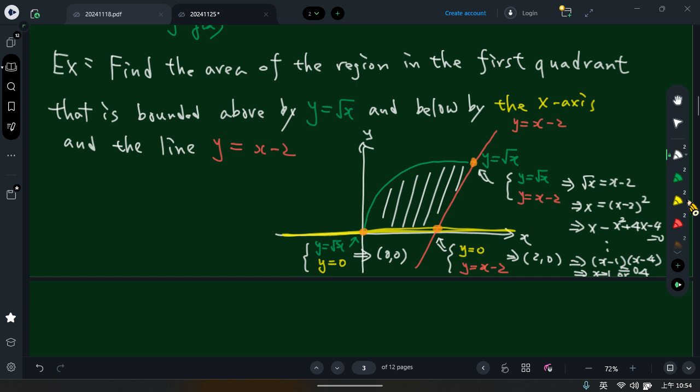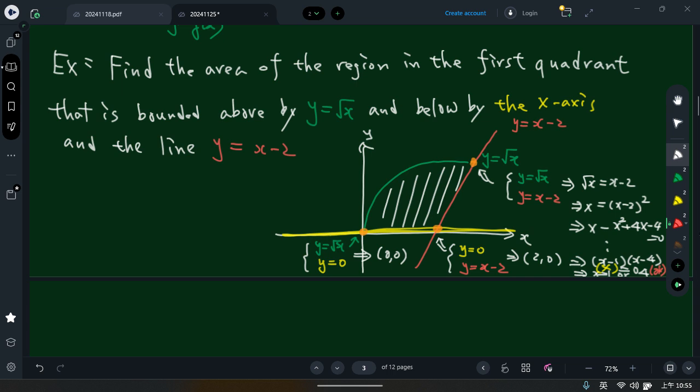But if x is 1, the point will be in the fourth quadrant, so 1 will not be a legal one. But 4 is okay.